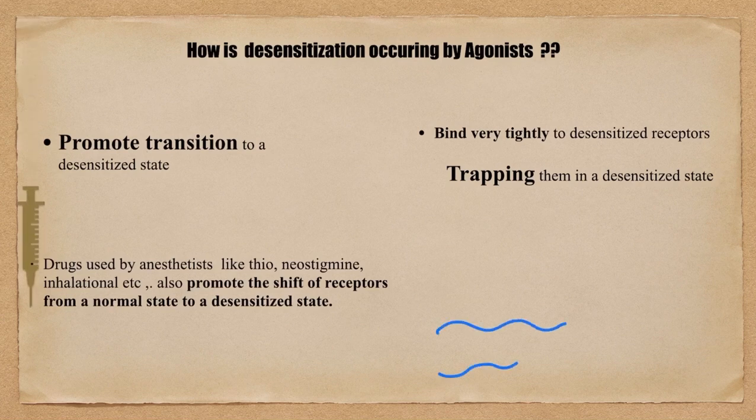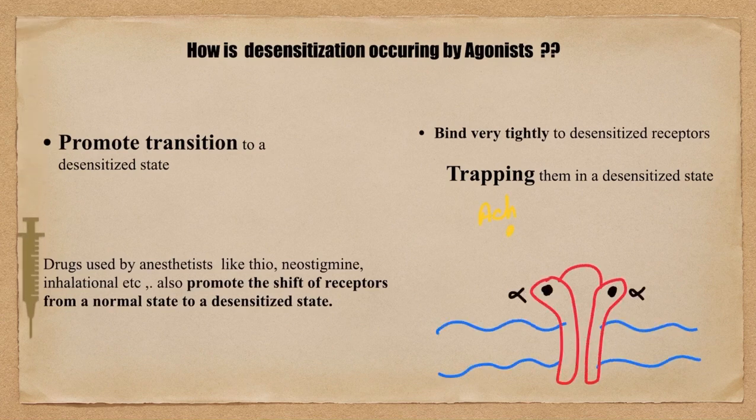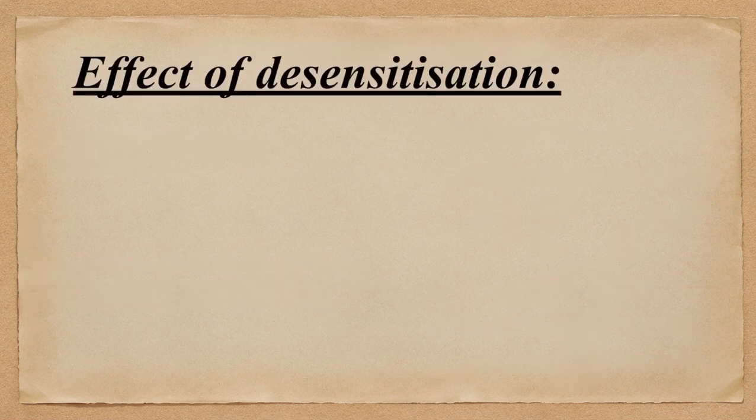There are many other drugs used by anesthesiologists like thiopentone, neostigmine, inhalational agents, etc., which also promote the shift of receptors from a normal state to a desensitized state. So what is happening here? Even though the agonist comes and binds to this kind of desensitized receptor, the channel does not open and there will not be any entry of sodium.